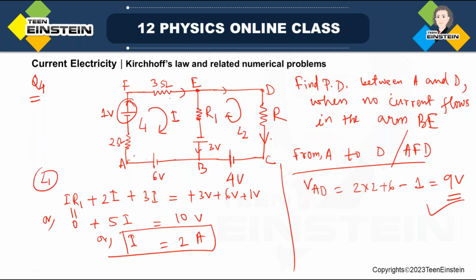Okay, so this is the answer. So 9 volt will be the voltage or potential difference between A and D point.